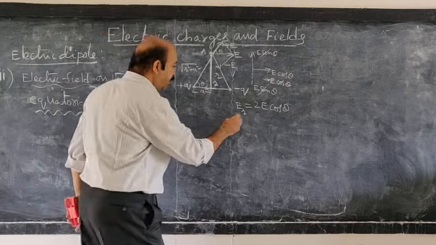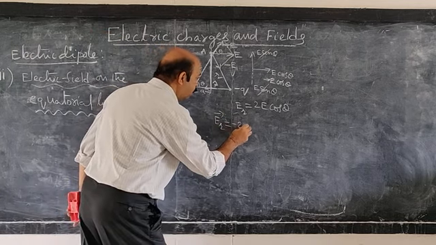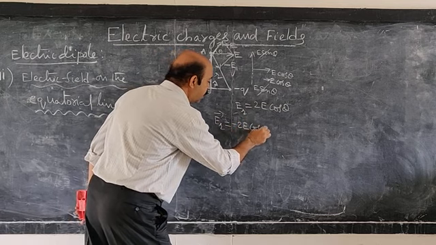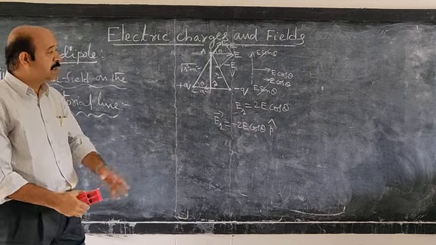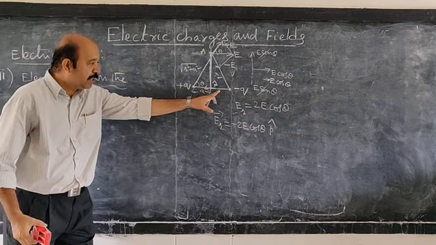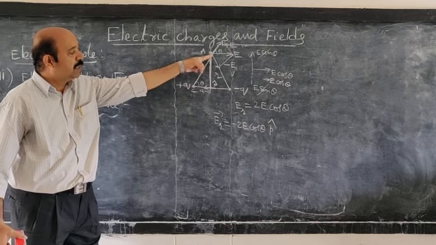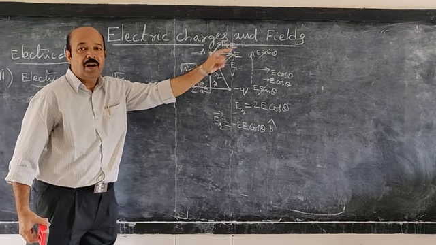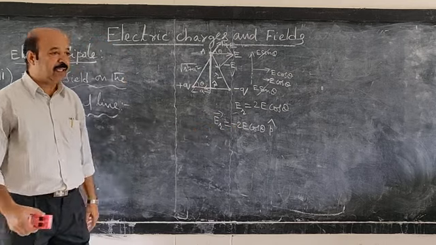Therefore, if you want to write this E resultant vector, we must write 2E cos theta with a negative sign into p cap. Why am I writing like this? Because the dipole direction is from minus q to plus q, but the resultant electric field direction is in the opposite direction. That's why I wrote the minus sign here.